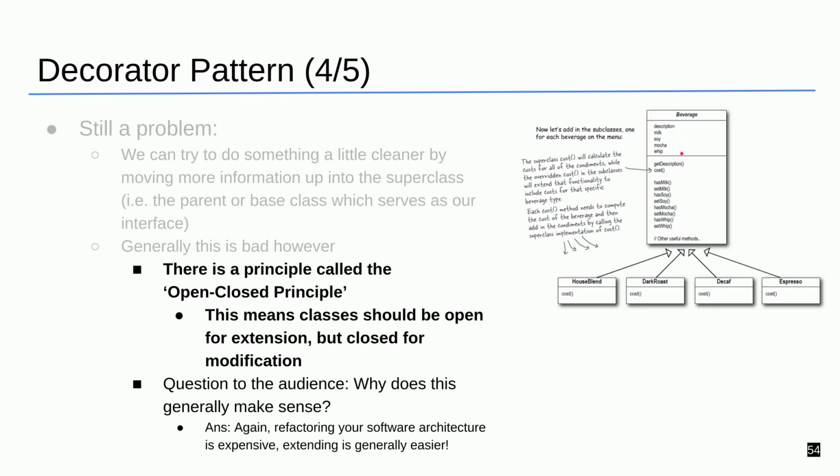Now, is this going to break my unit test because it's not testing everything here, or maybe a function here where I added caramel, but do I have to modify the cost function now and get the description and also modify that? And then maybe that changes behaviors of the house blend printout. So I have to modify this to see if that includes this new ingredient for each of these different classes. So it just becomes a little bit difficult here, where I haven't really extended.